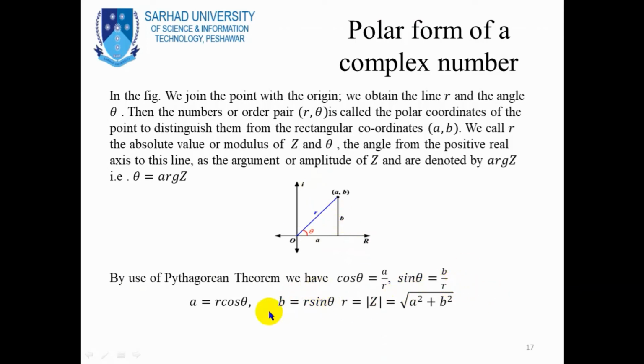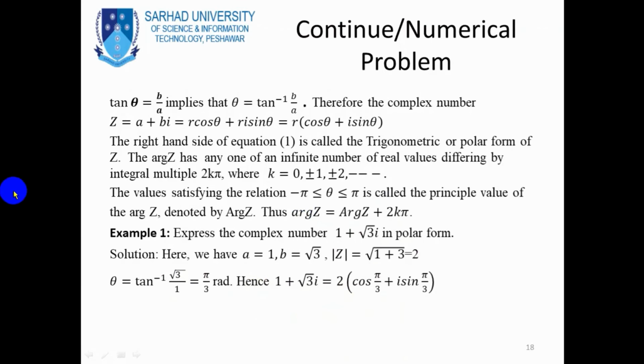So we obtain a is equal to r cos theta and b is equal to r sin theta. And r is actually the magnitude of the complex number, square root of a square plus b square. Now we have tan theta is equal to b by a, and this implies that theta is equal to tan inverse b by a. Therefore the complex number z is equal to a plus iota b can be written as r cos theta plus iota r sin theta, and we have r into cos theta plus iota sin theta.